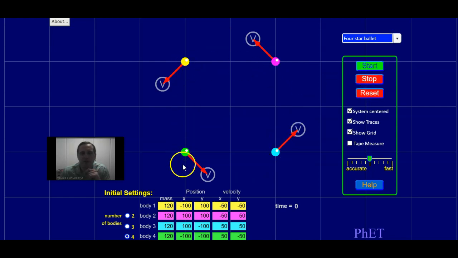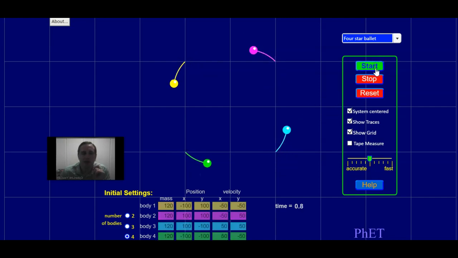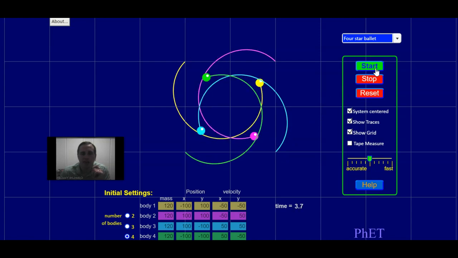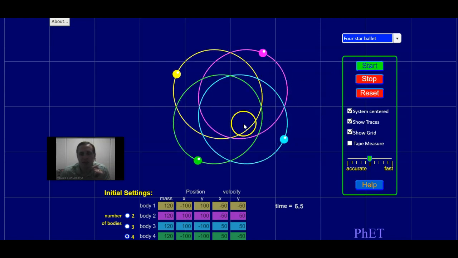Suppose you have four stars all about the same velocity and the same mass. They sort of rotate around each other, and they make some really interesting and beautiful patterns. You see that they continue to retrace their paths, and notice that they move fastest when they're closest to each other, when the gravity force is greatest, and they move slowest when they're furthest away.